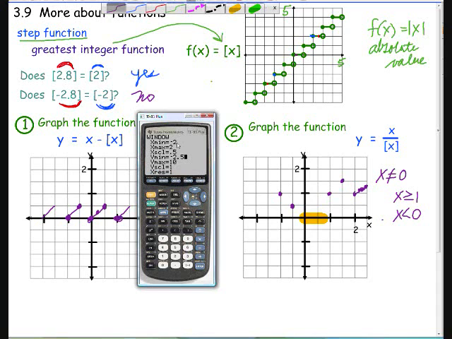I'm going to go back up here and adjust that. -2.5, 2.5. We'll make it look exactly like the window that we drew, 2.5, with a y scale of 0.5. Let's graph that.